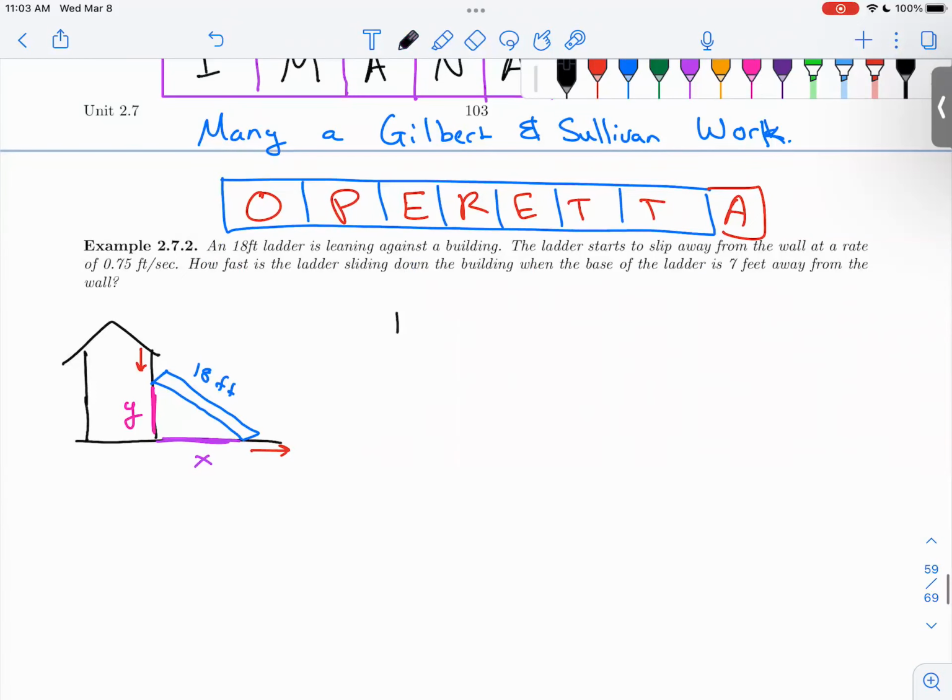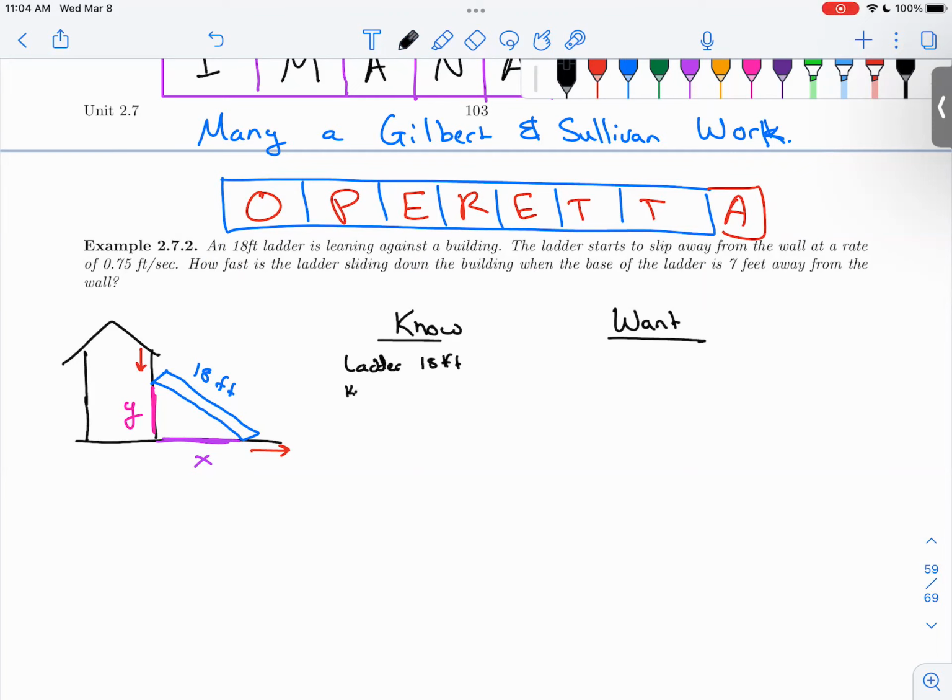So what we know and what we want. What do we know? We know that X equals 7 when we're trying to measure it. The ladder is 18 feet. We can write that down. So, ladder 18 feet.